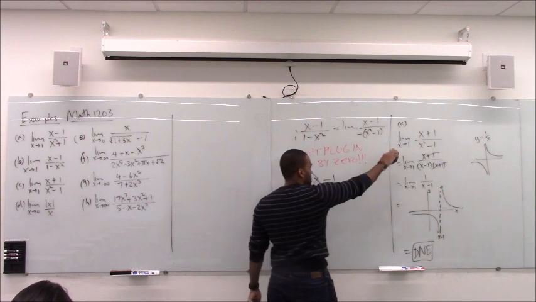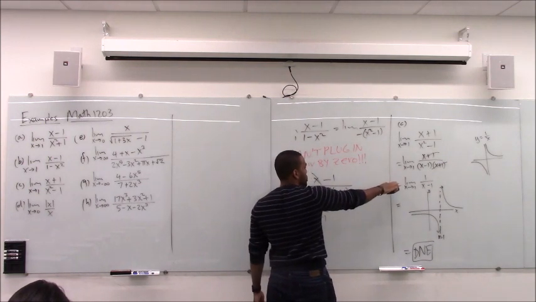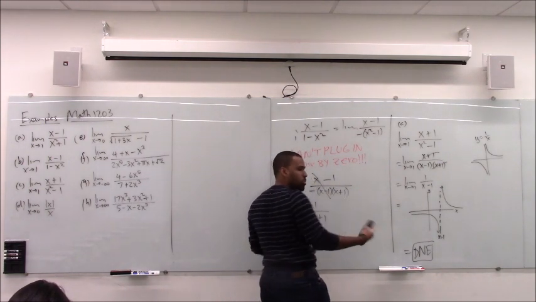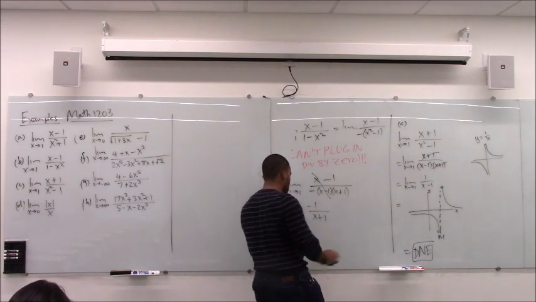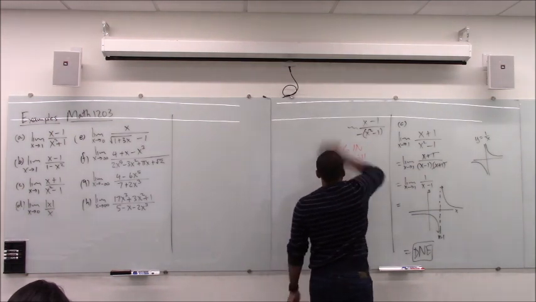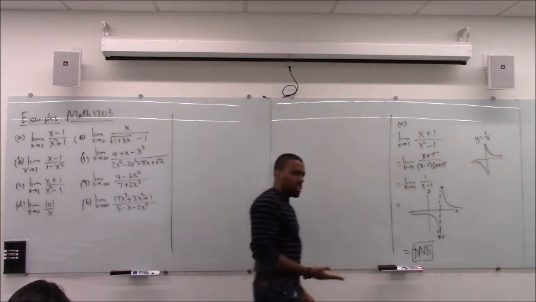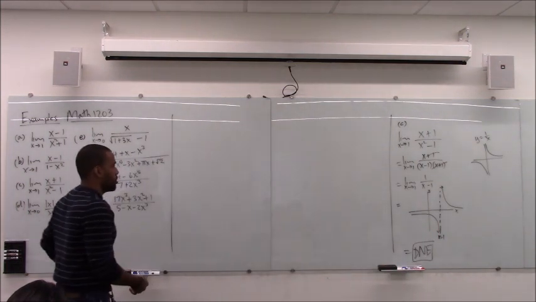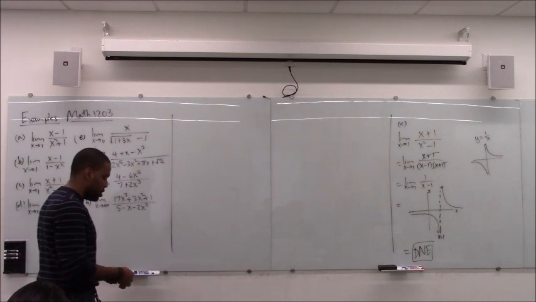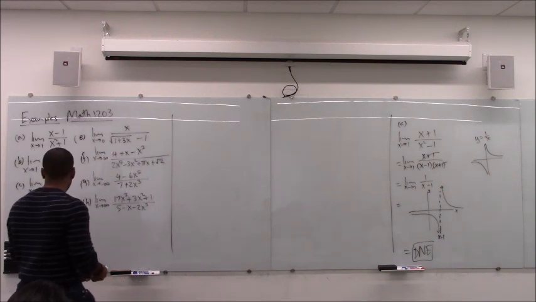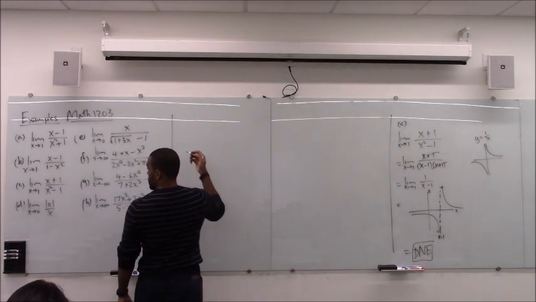Some people might be tempted, after they simplify, to immediately say D and E, but that will be incorrect. You need further assessment here, because ultimately the limit doesn't care whether you can plug in or not. So just because you can't plug in doesn't mean you can use that to judge the answer. You have to go a little bit further.